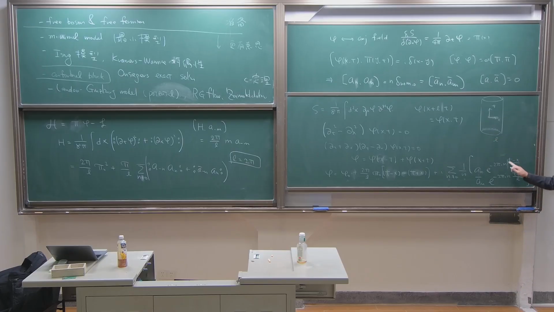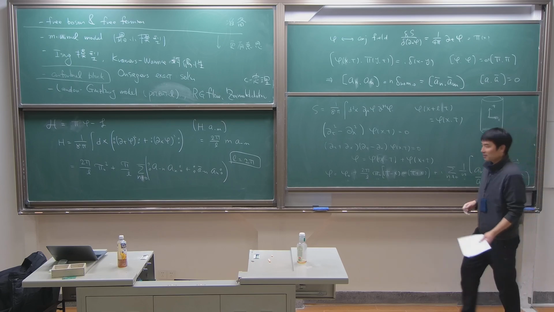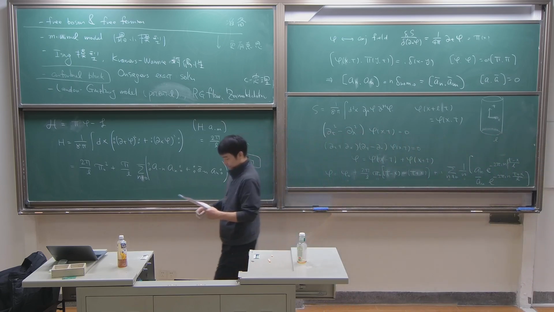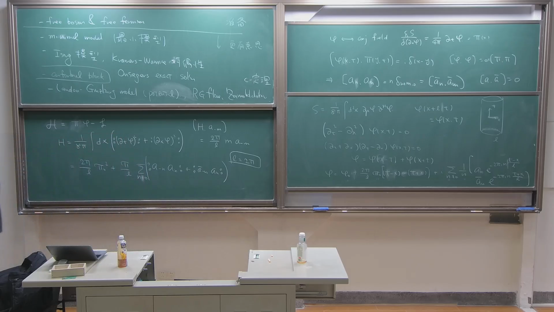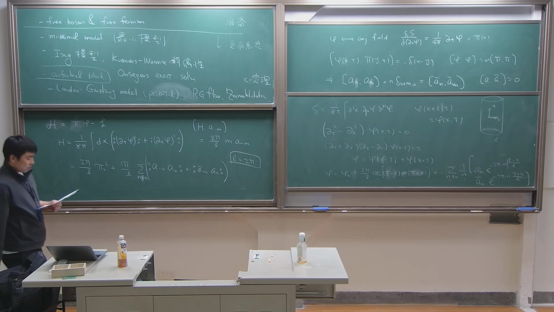If you set L equal to 2 pi, everything becomes simple. That's the normalization to make it simpler.